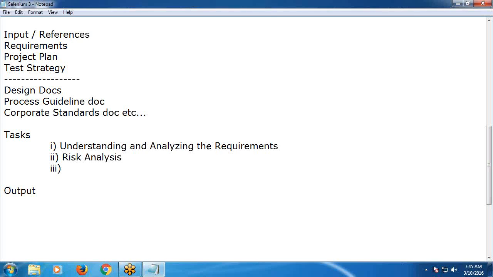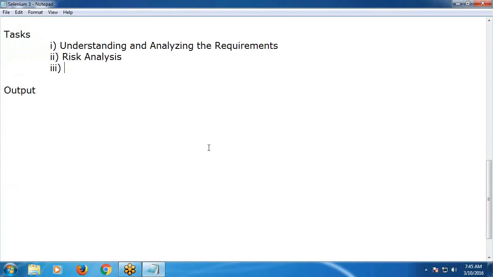Suppose our company test strategy describes functional testing, performance testing, security testing, etc. Suppose for our project, no performance testing, only functional testing. We adopt the functional test strategy for our project. In simple words, test strategy describes how to conduct testing.